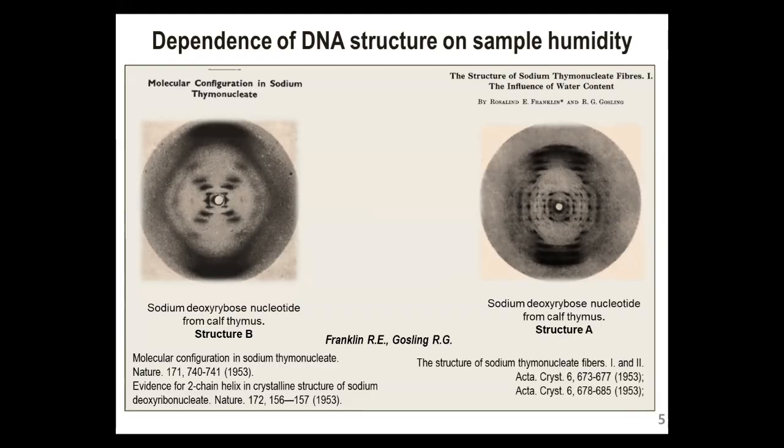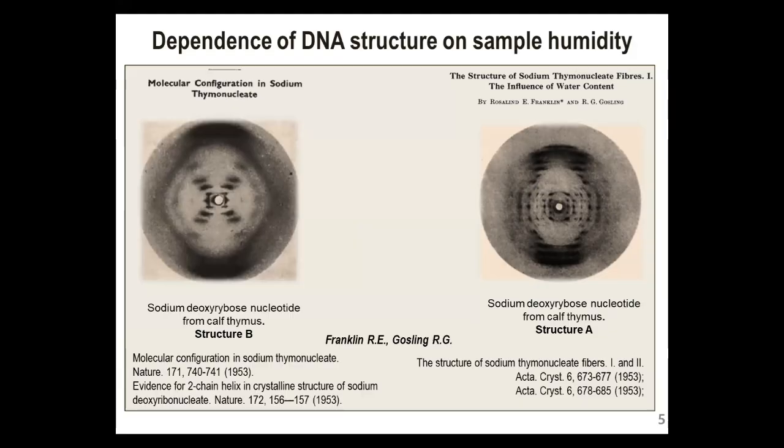What is important is that Rosalind Franklin was a very careful experimenter. She did brilliant experiments with DNA. You can see these photos, the exposition time is about 100 hours. 100 hours. It's an extremely difficult experiment. And she understood how to change the hydration of the samples.